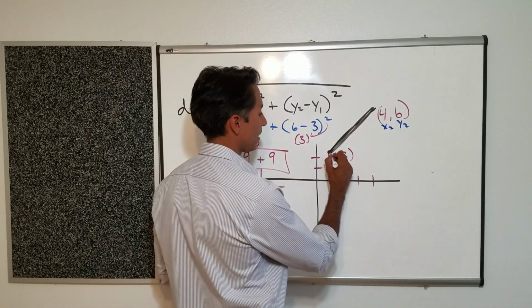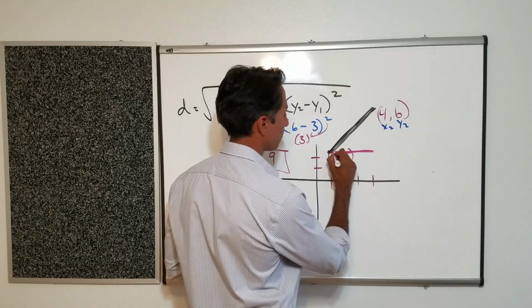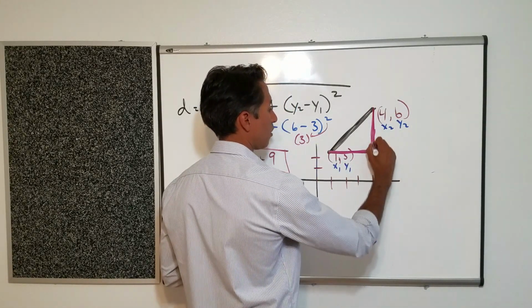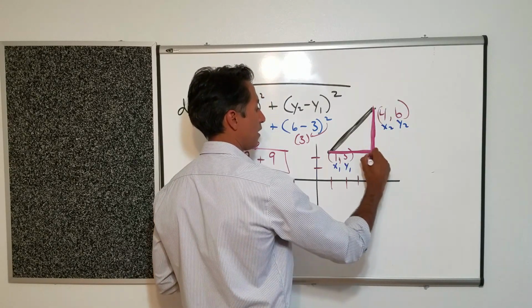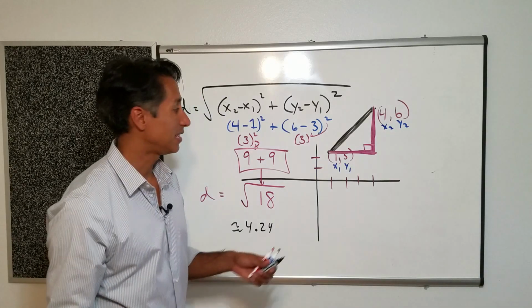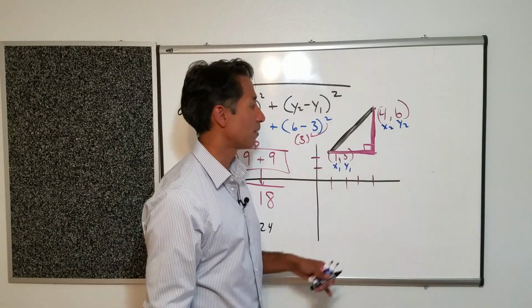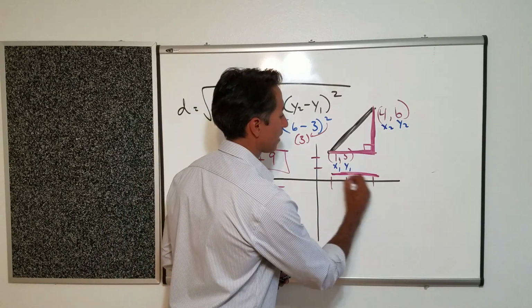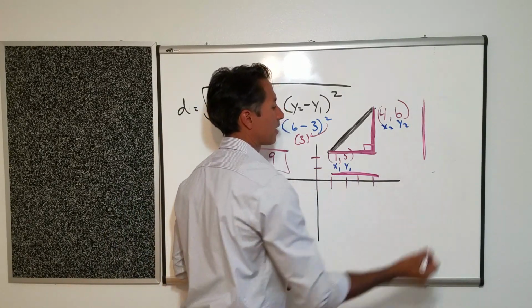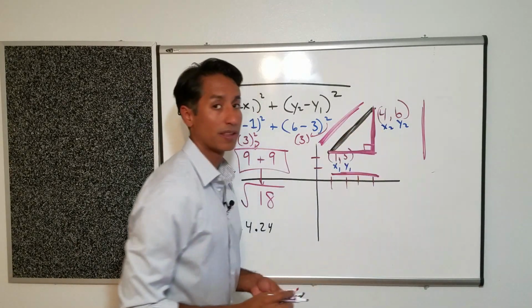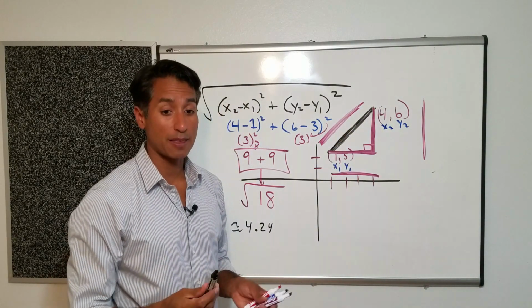But I can make this into a right triangle. And hopefully you remember that with right triangles, I know the lengths of these sides because I have ordered pairs. I can use this length and figure out this length with the Pythagorean theorem.